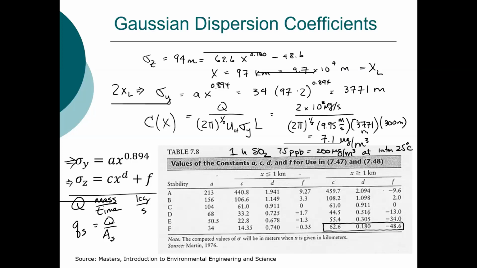Uppercase Q in any of the equations is mass per time. Lowercase q sub s is a specific mass rate, and it's your Q divided by the surface area.